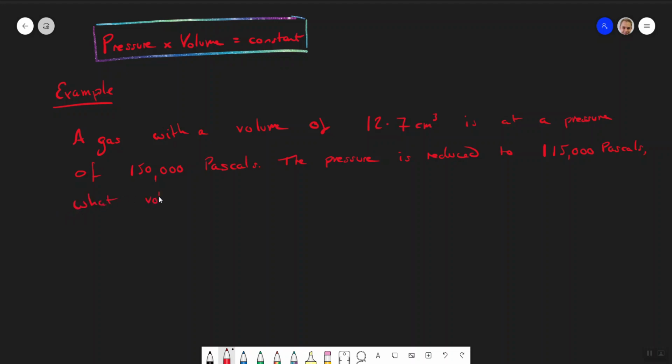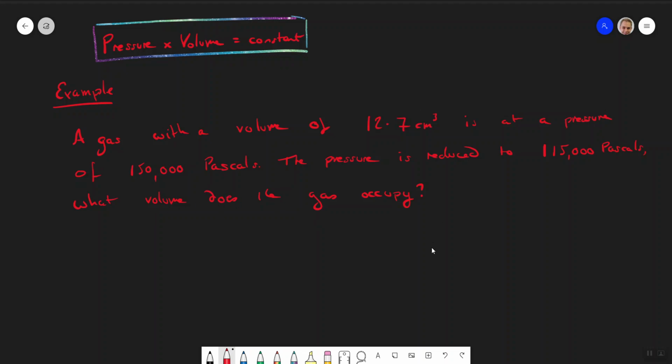What volume does the gas occupy? And so this is how a question might be set up. We have our initial volume, our initial pressure, and we know a final pressure. Are we able to work out what the final volume is?